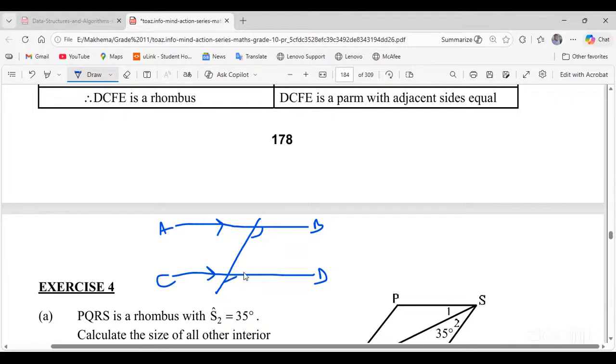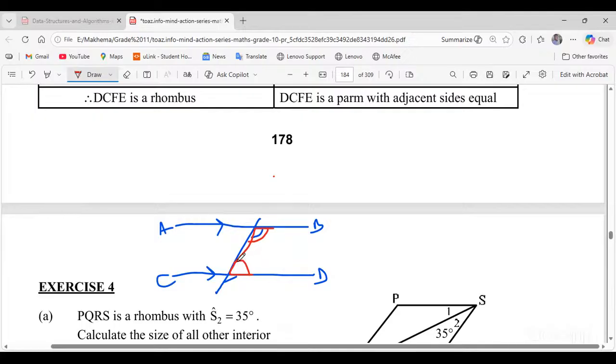Because they form something like an F. It is corresponding angles. Why? Because AB is parallel to CD. Now I will say this angle plus that angle. They are inside my U, at the corners of my U. These ones are not equal, but they are supplementary. What does supplementary mean? They add up to 180 degrees.